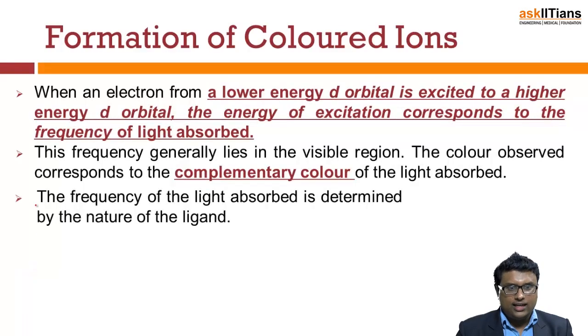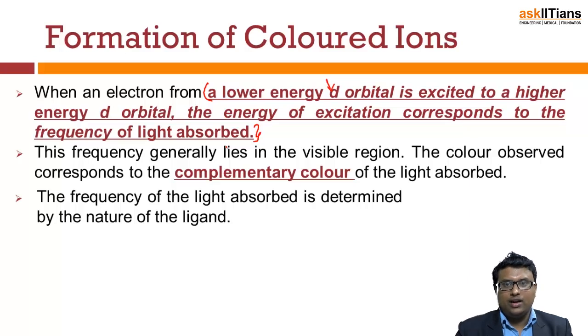Formation of colored ions. What happens in transition elements is that when an electron is excited from a lower energy d orbital to a higher energy d orbital, that energy of excitation corresponds to the frequency of light absorbed. You know that transition elements have vacant d orbitals, right?